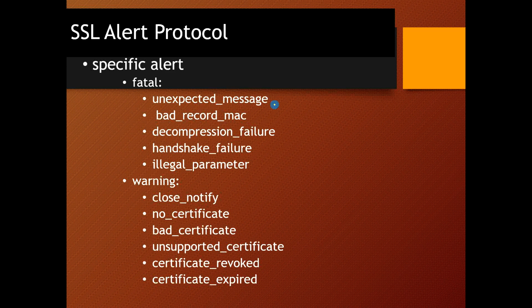And finally, certificate unknown. When some other unspecified issues arise in processing the certificates, it is rendered as unacceptable, so it is given a warning saying that the certificate is unknown. So these are the various messages which come under the alert protocol.